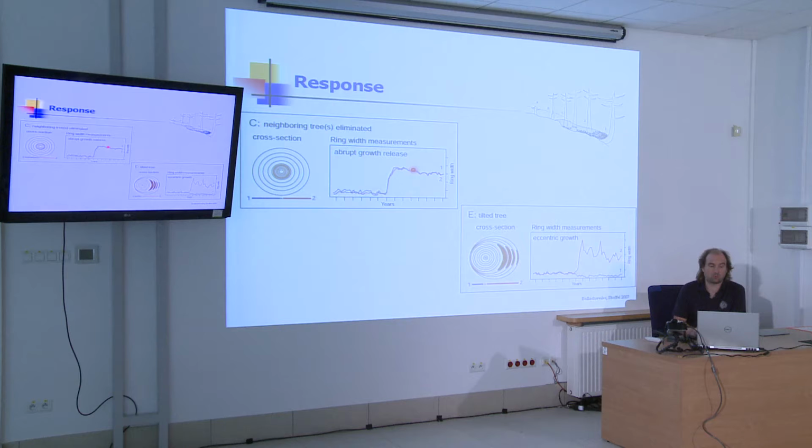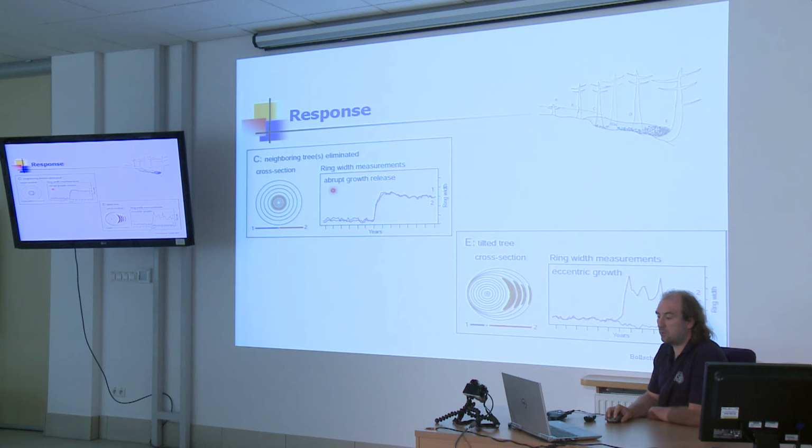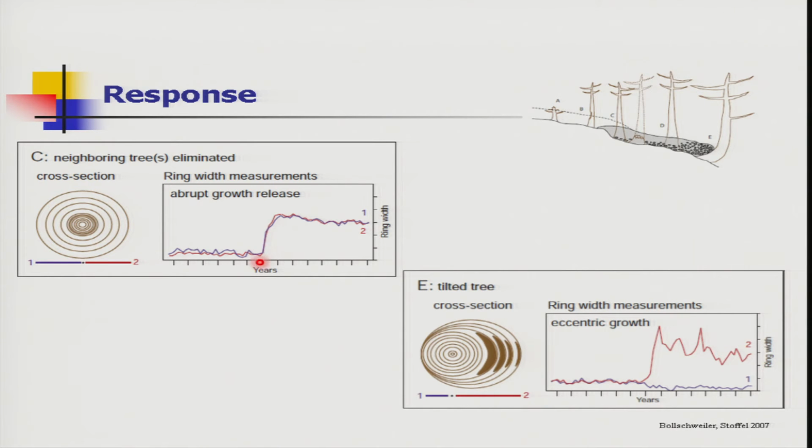So not so many competing specimens for the limited nutrition or resources are present, so the growth can be higher. So we observe a great increase, which we call abrupt growth release, an increase in tree ring width.